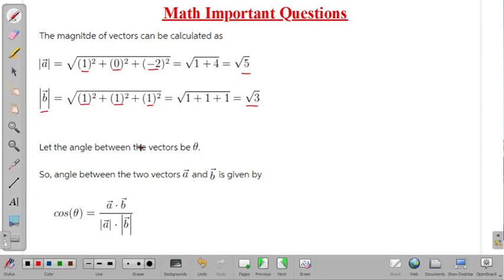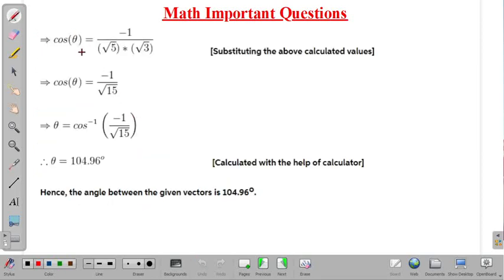Now we know the formula to calculate the angle between the two vectors. Cos theta is given by vector A dot vector B divided by modulus of vector A into modulus of vector B. Substituting all the values we have just calculated, cos theta equals minus 1 divided by root 5 into root 3, so minus 1 by under root 15.